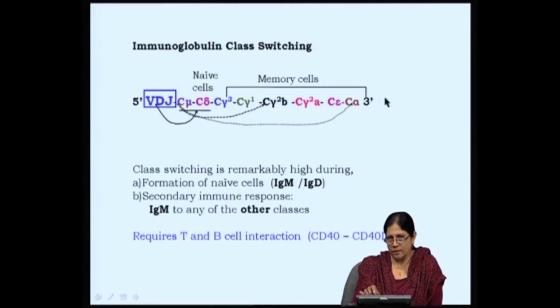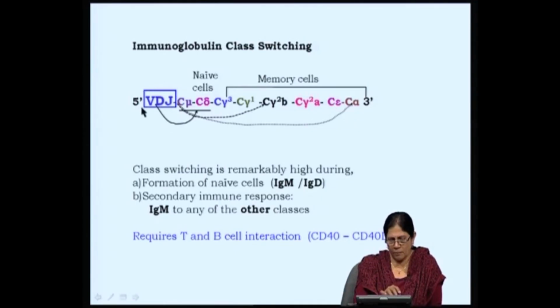This is exactly that: the immunoglobulin constant domain genes, which are always in this particular sequence: mu, delta, gamma 3, gamma 1, gamma 2b, gamma 2a, epsilon, alpha. Just to remind you again, in humans it is gamma 1, 2, 3, 4, whereas in mice it is 1, 2a, 2b and 3.